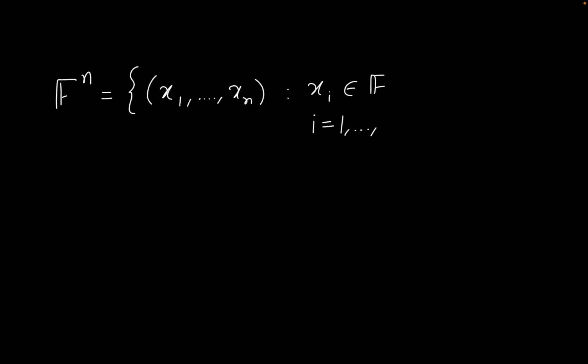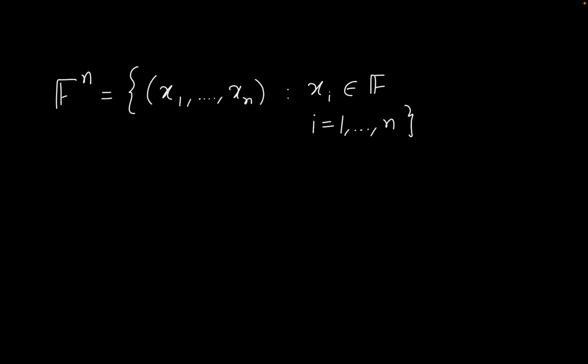Fn is defined to be the set of all lists of length n where each of the elements is a member of the field F. So it's the set of all x1 all the way up till xn, where each xi is in F, where i ranges from 1 to n.